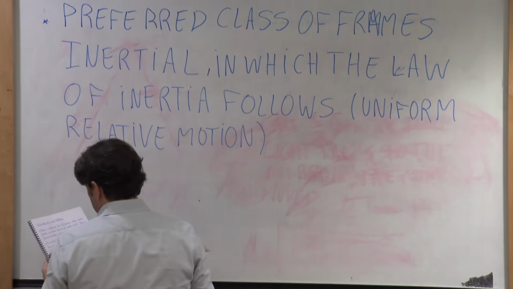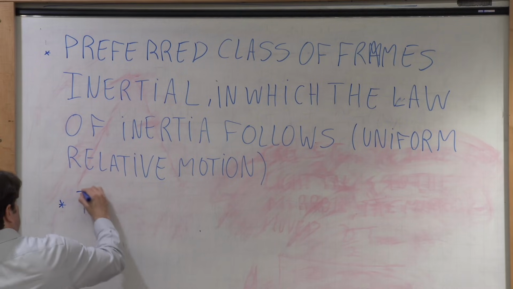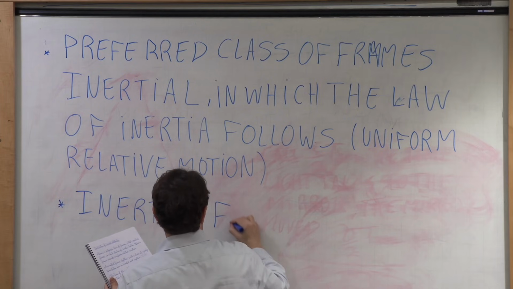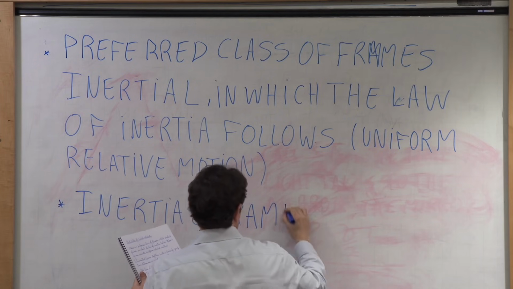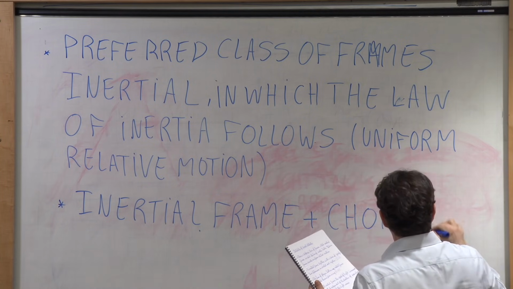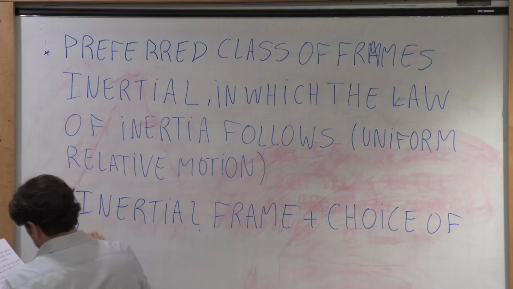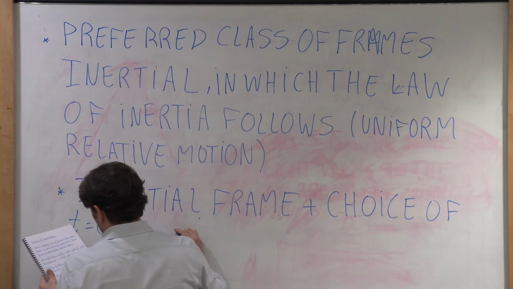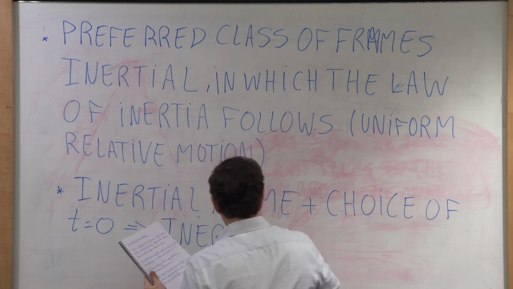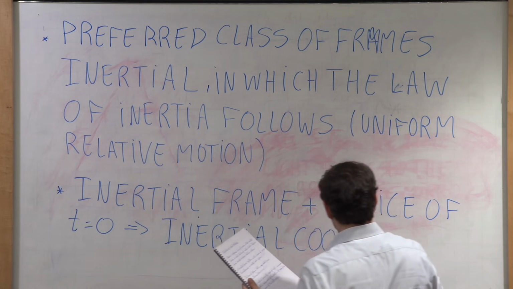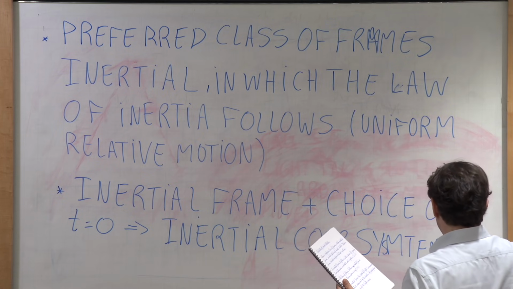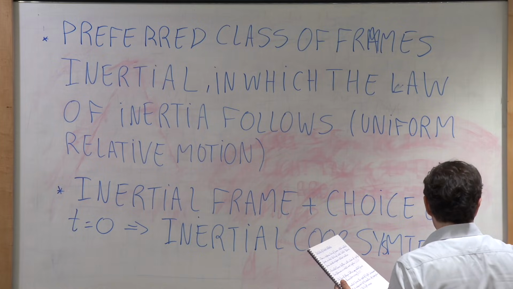Then he says that an inertial frame plus a choice of 0 for t determine the inertial coordinate system, ICS.